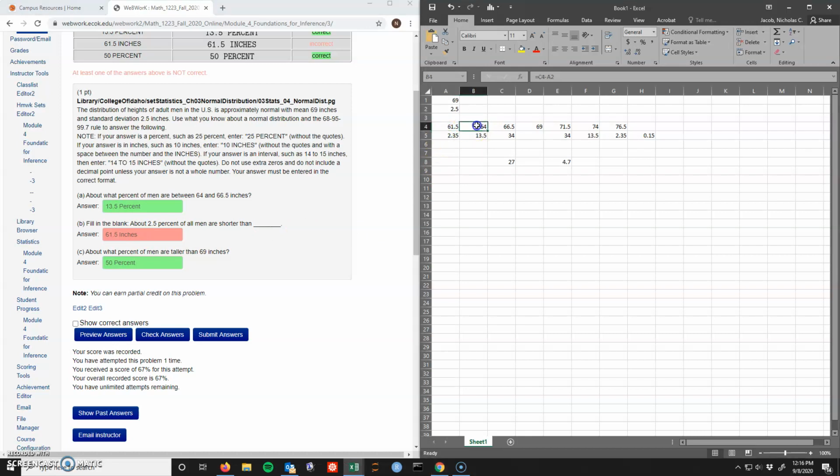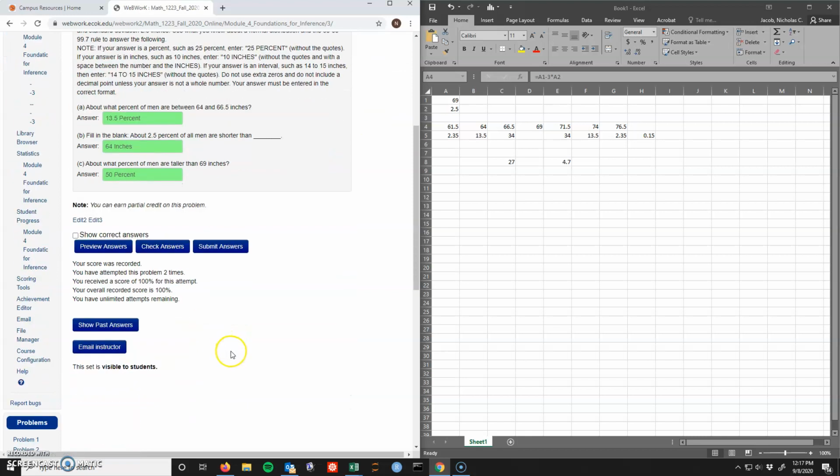I see. So I actually needed to use 64 here. I just put the wrong number in. I used 61.5, guys. That was wrong. Sorry, 61.5 only has 0.15% of men being shorter than that. So the actual answer here was 64, because the way I'm counting things from here to here would be 2.35. I'm just counting things a little funky there.